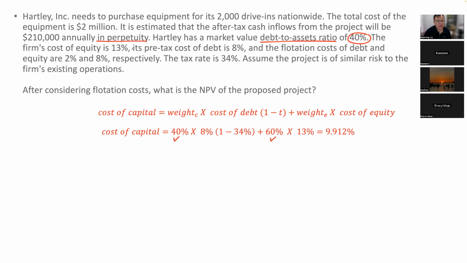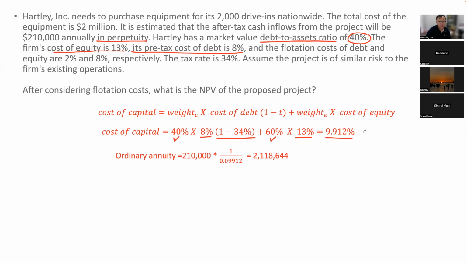The pre-tax cost of debt is 8%, so we have to apply a tax shield here, 1 minus 34%. And the cost of equity is 13%. So I calculated the cost of capital is 9.912%.